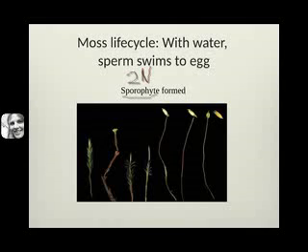So the new zygote will continue to divide mitotically, and we'll see this stalk shoot up. This is the new sporophyte. That's the stalk. And then on top of this stalk, we see this capsule. And the capsule contains sporangia.